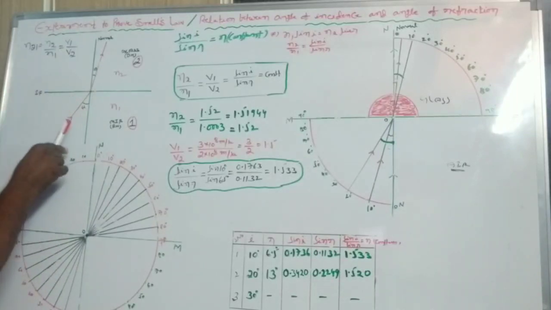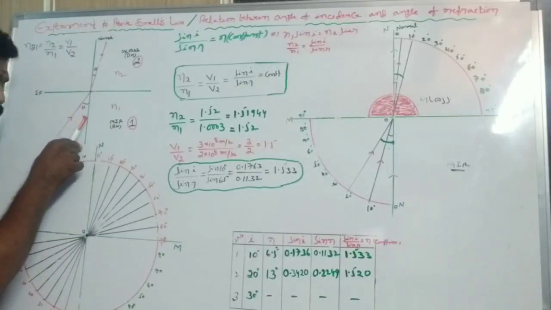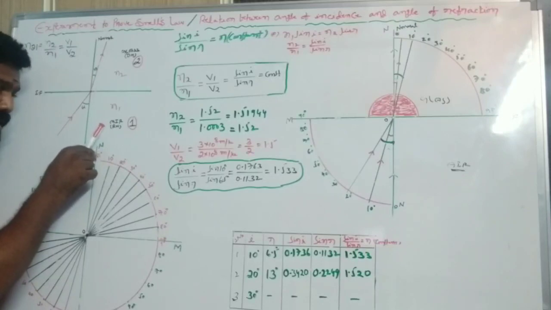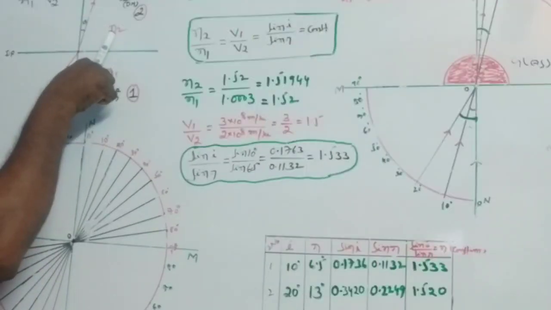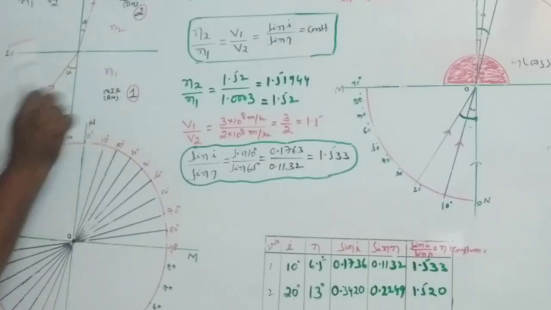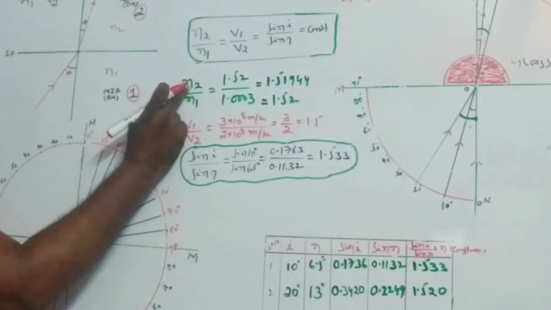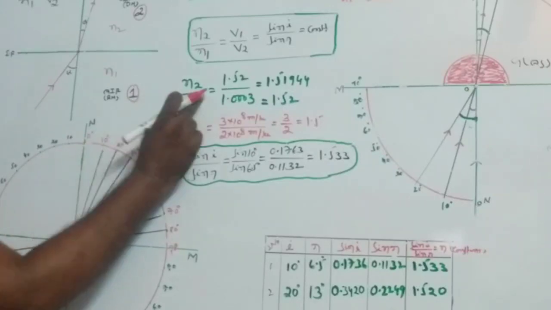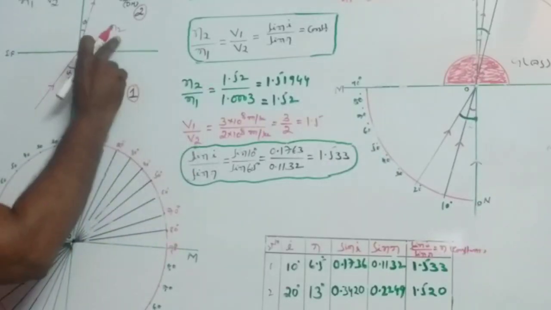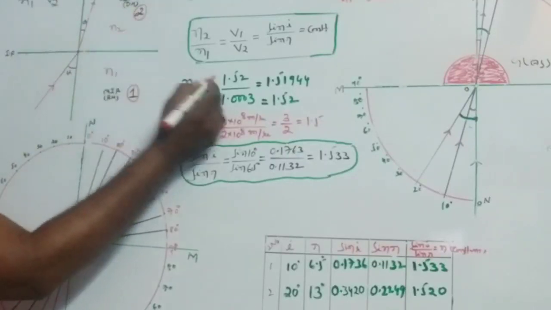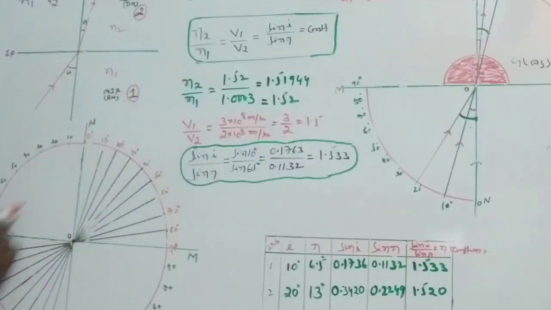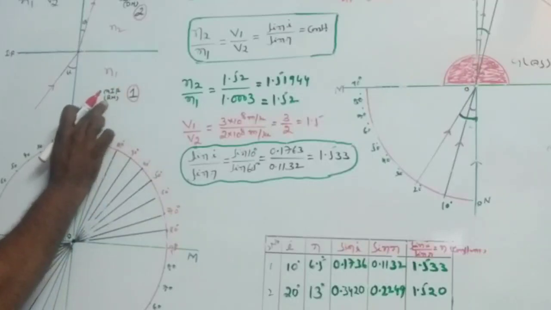When a light ray travels from the first medium to the second medium, the refractive index of the second medium with respect to the first medium is N2 by N1. Here it is glass, with refractive index 1.52, divided by N1.